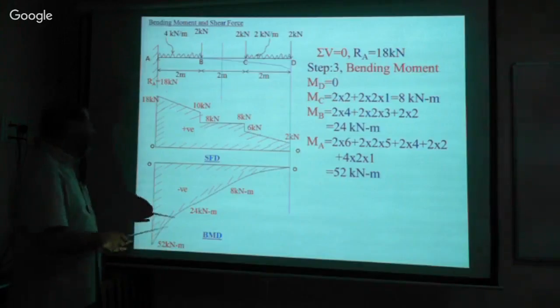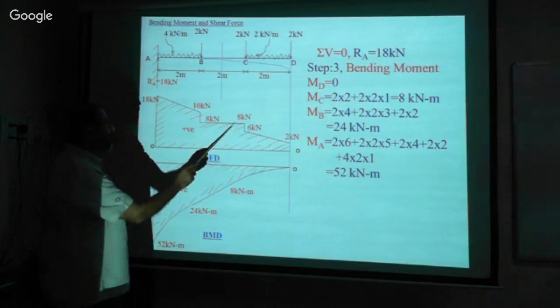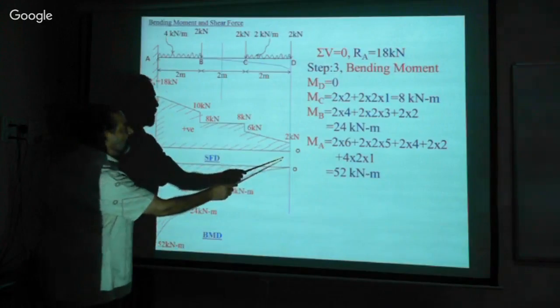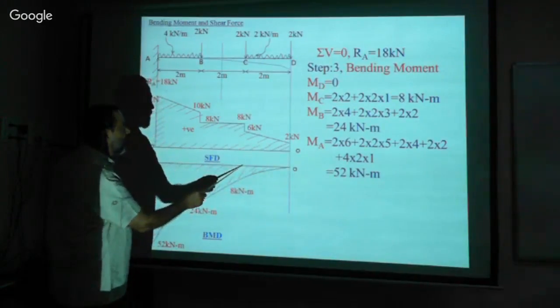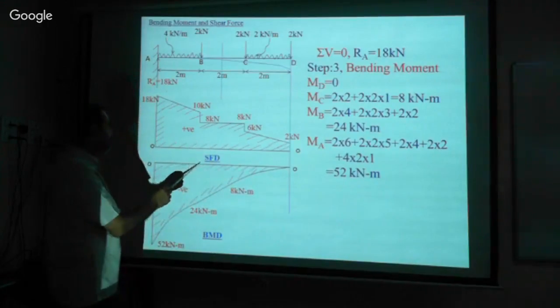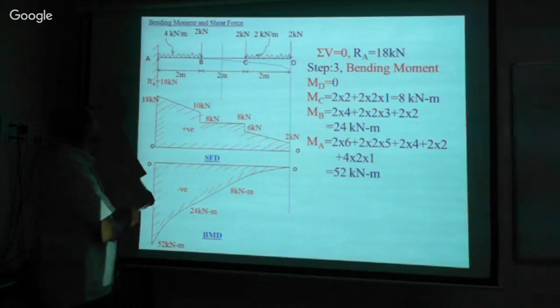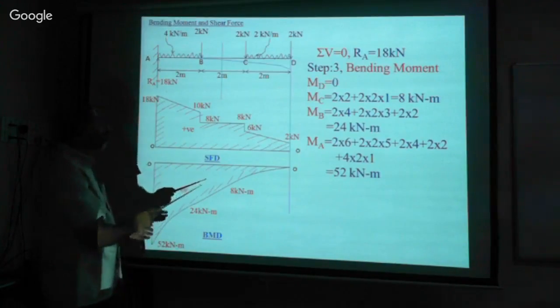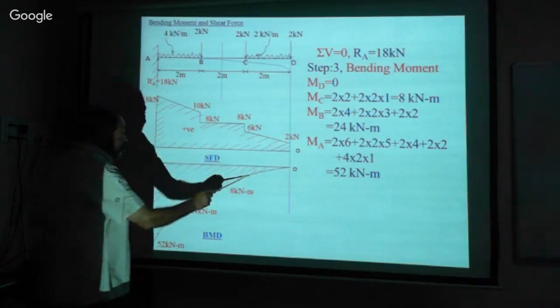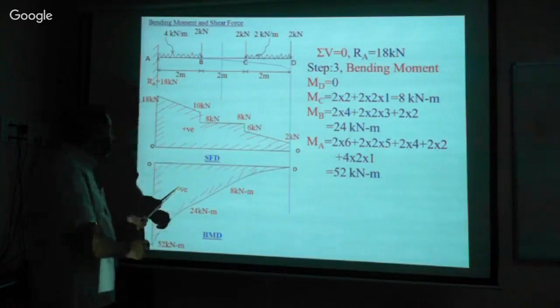So the bending moment at D is equal to 0, at C is equal to 8 kilonewton meter, at B is equal to 24 kilonewton meter, and at A is equal to 52 kilonewton meter. Now you join all these points and complete the diagram, which gives you the bending moment diagram.